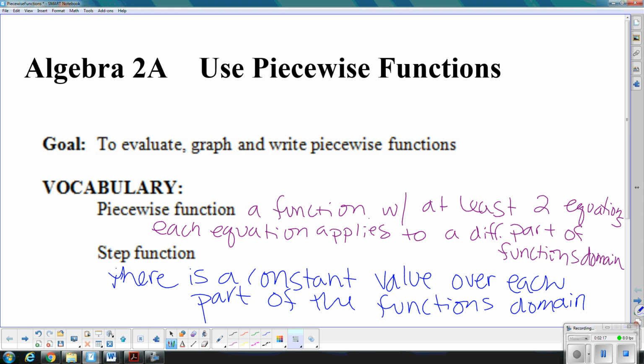And we'll do a few step functions in this lesson, so you can kind of see what they look like. So those are our key terms.